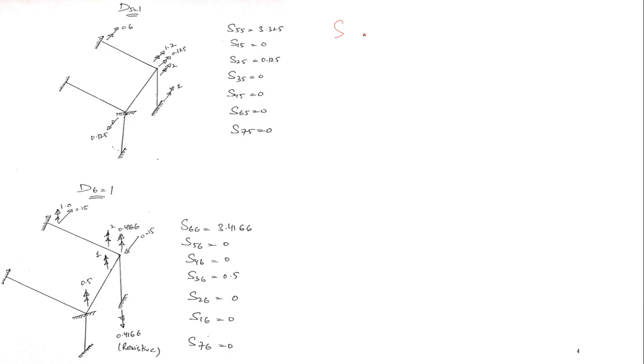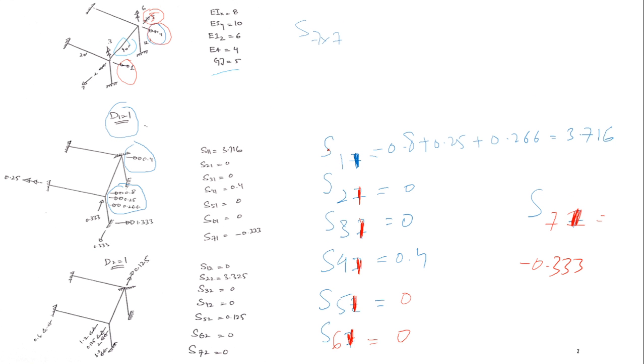Now, as D5 I have applied all, so I'll have D5, S5, S5, S5, S5, and we have to write 7 at least. 1 5, 2 5, 3 5. What are 1, 2, 3? 1 is this, 2 is this, 3 is this.